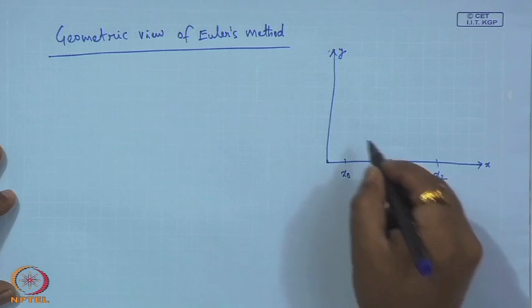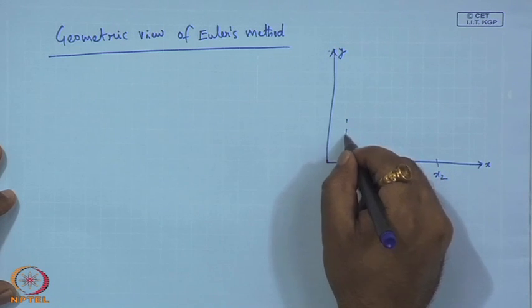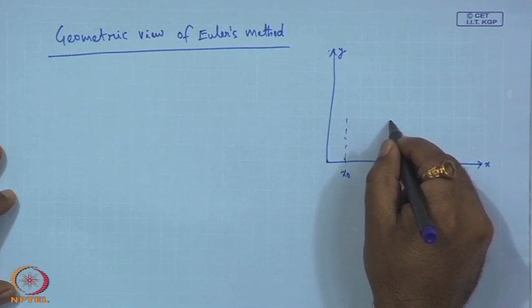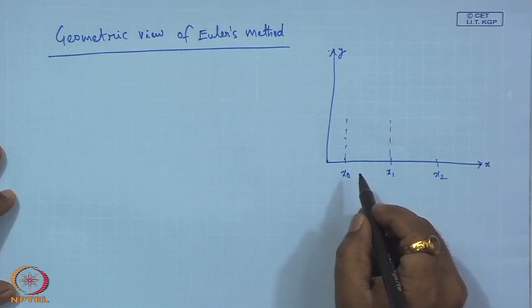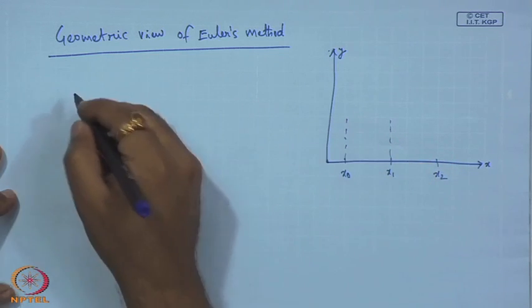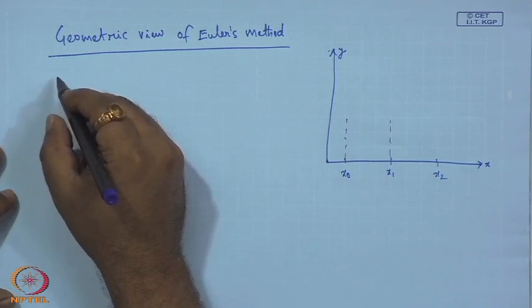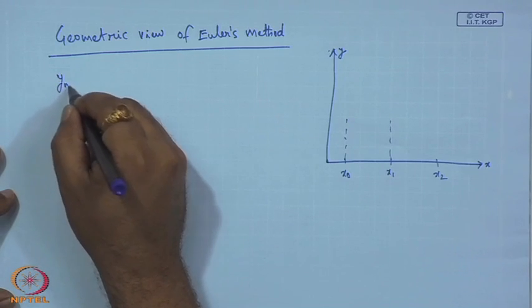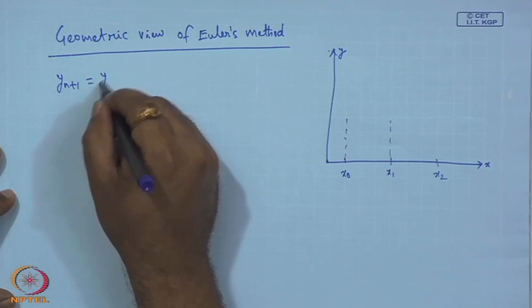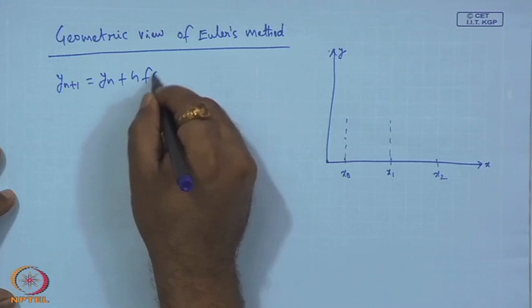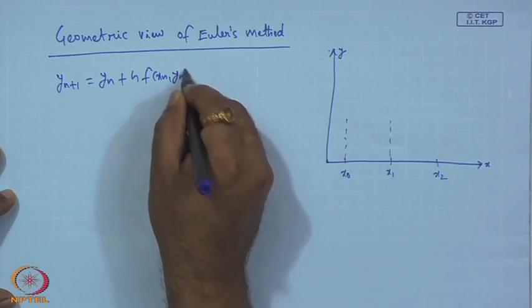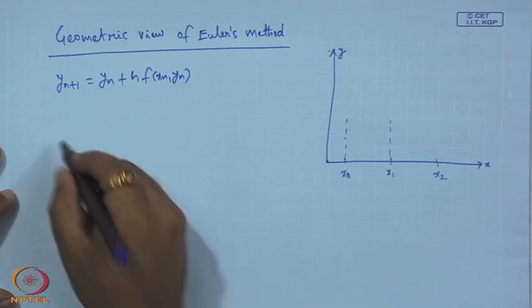Say we have x 0, x 1. This is the general Euler method.